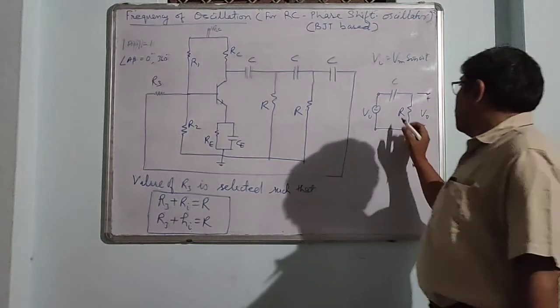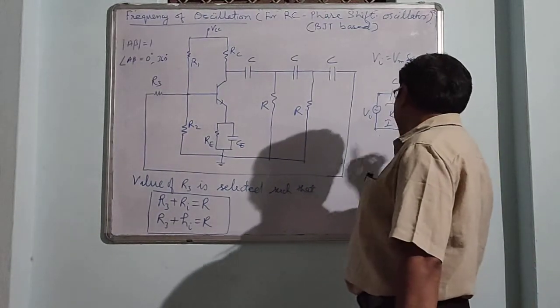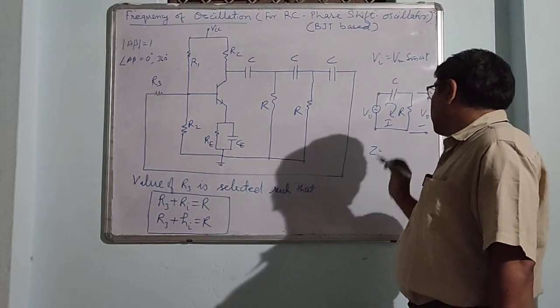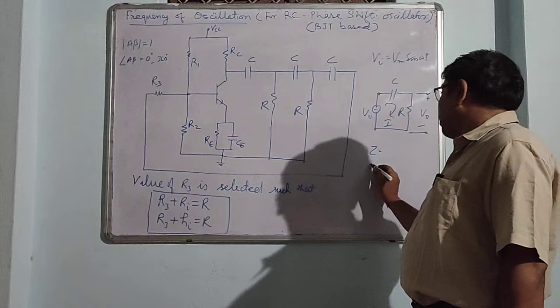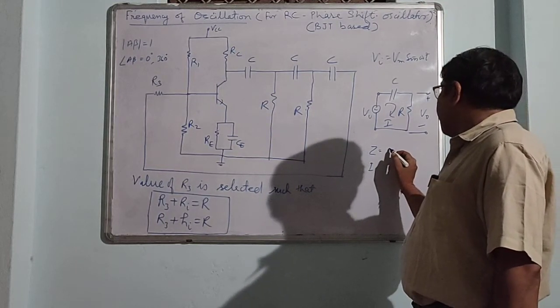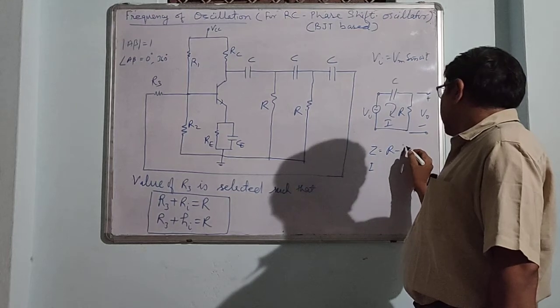Suppose the current is I, then what is the impedance of this network? The impedance is given simply by R minus jXc.